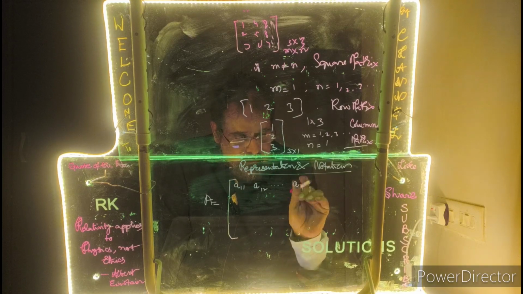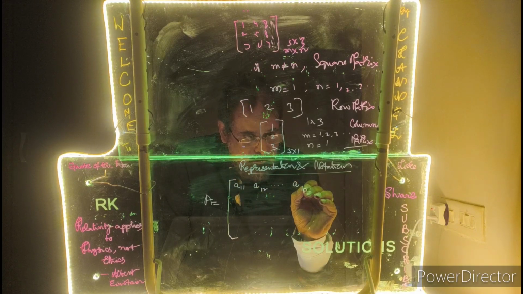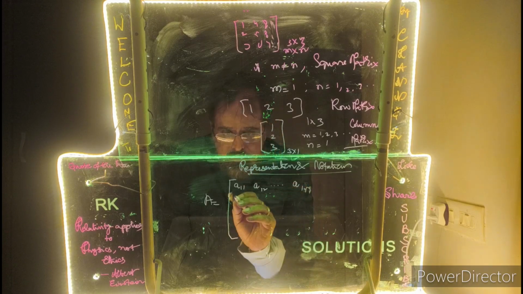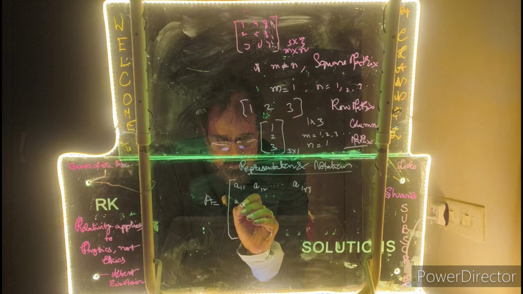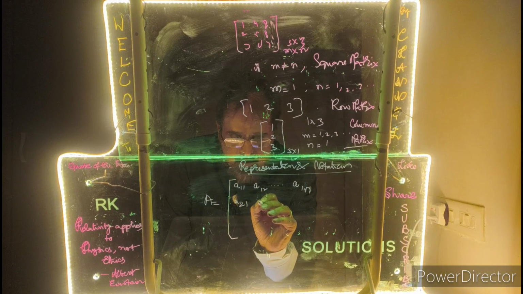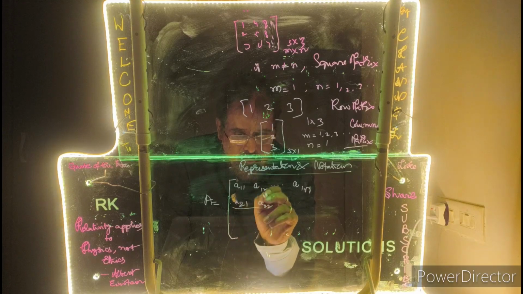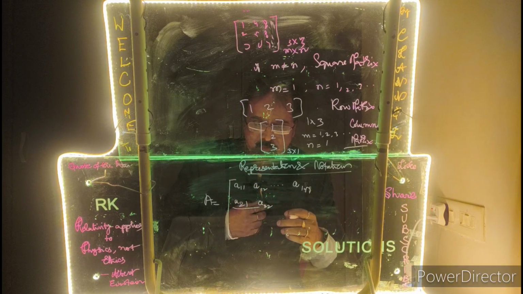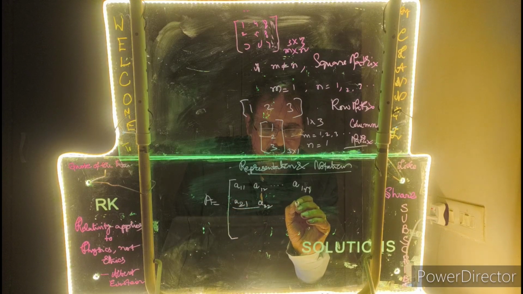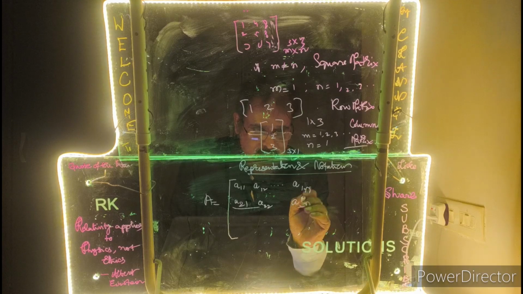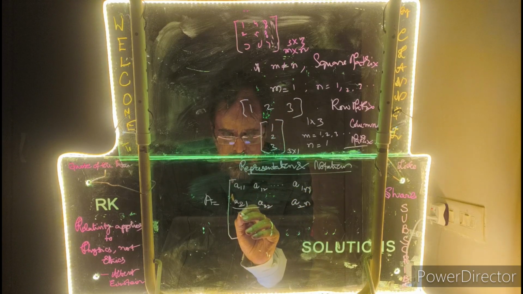M, we have taken M here, rows are M. So A21, second row, first column, A22, second row, second column, and here we have second row, nth column. You go on like that.